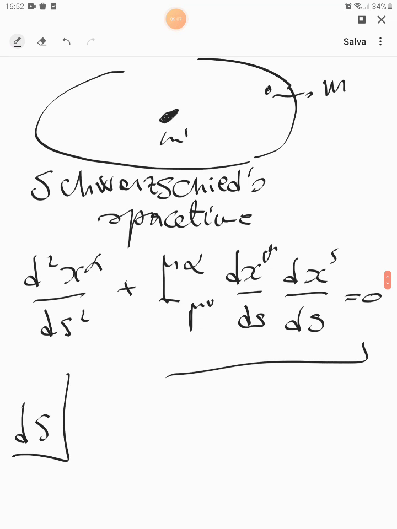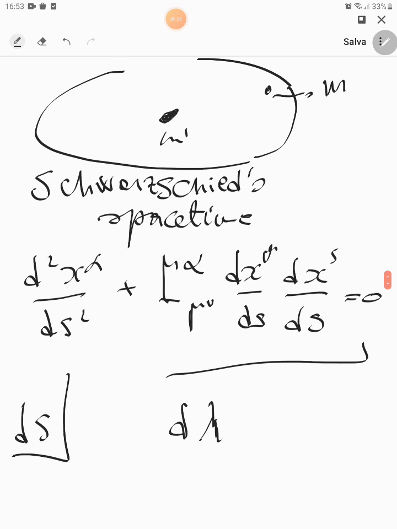And ds is the proper time, and light, with mass equal to 0, can't have a proper time ds, and so I use another parameter, lambda.